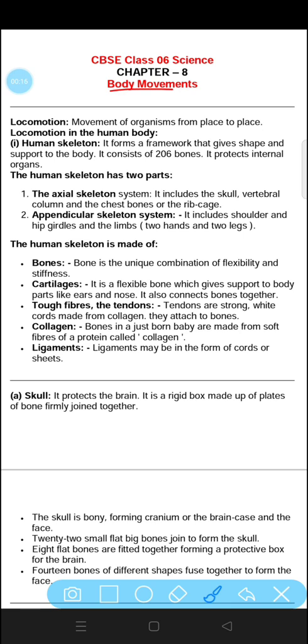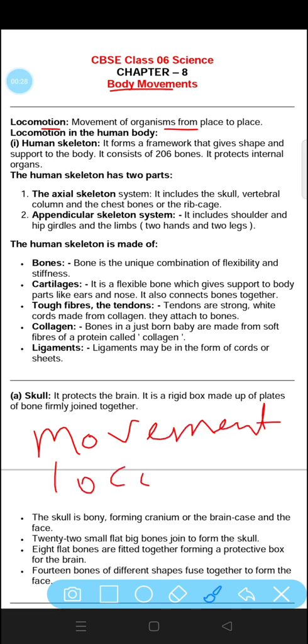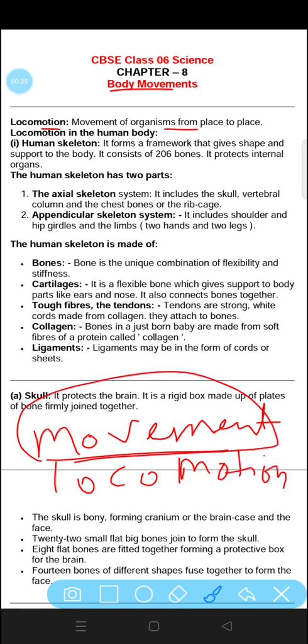Let's start with locomotion. Locomotion is movement of organism from place to place. There are two words, one is movement and another one is locomotion. Movement is basically movement of parts of any organism, like a tree. A tree can move its branches, it can move its leaves.